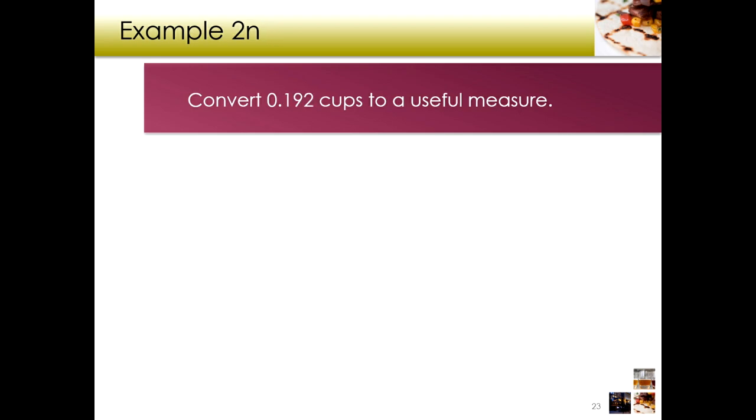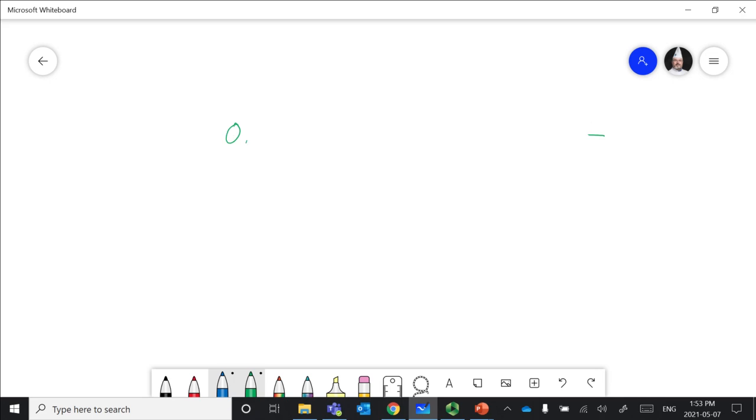So the next example I have is to convert 0.192 cups to a useful measure. In this case, I would be thinking ounces, right? So like I did before, we're going to multiply times 8 ounces in a cup, and we're going to end up with 1.536 ounces.